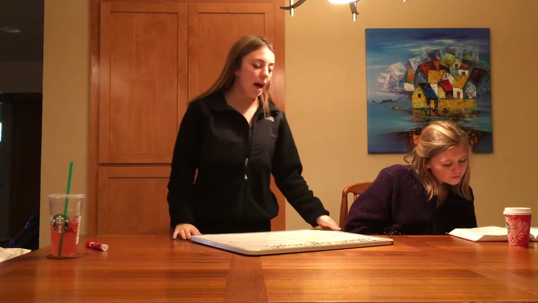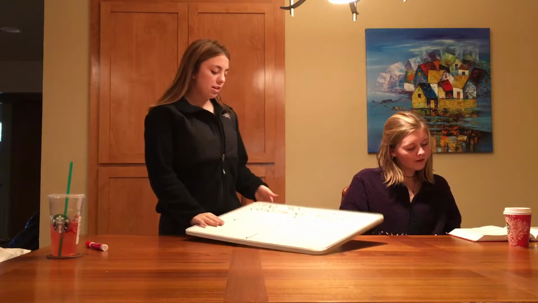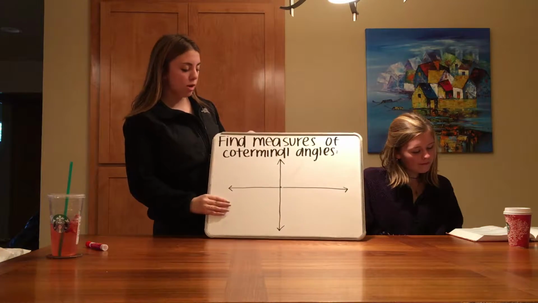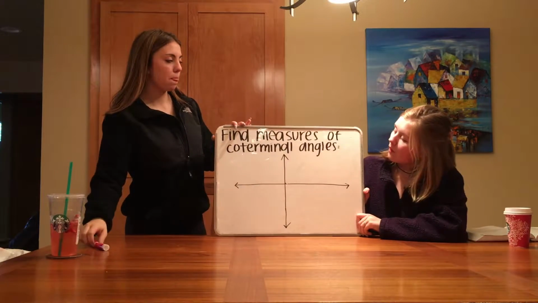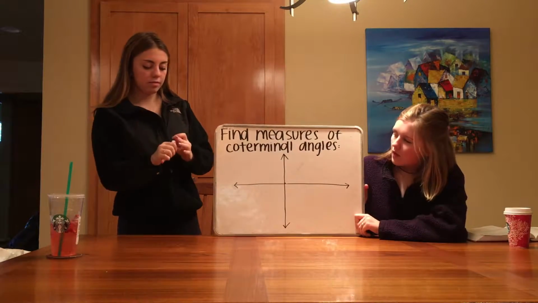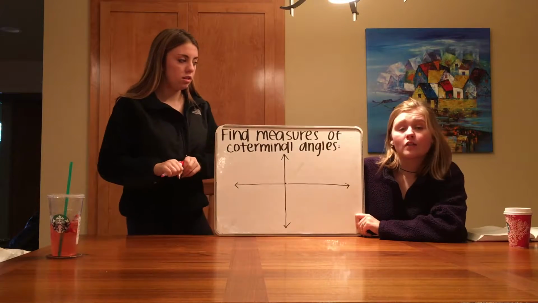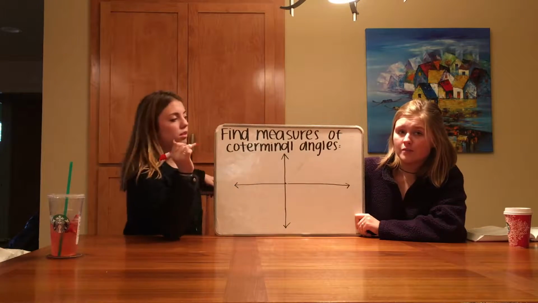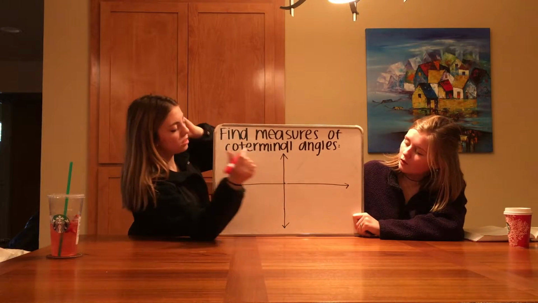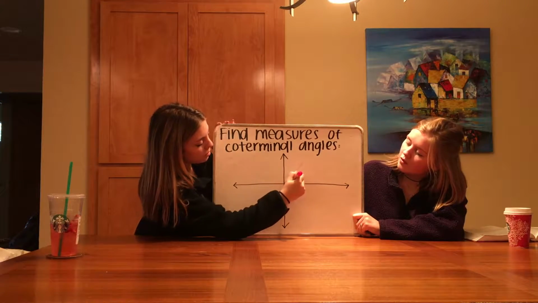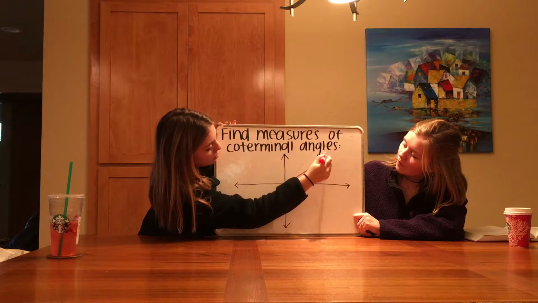Okay, so we are back, and our next topic is finding measures of coterminal angles. To start out with coterminal angles, you're going to need to know two terms: the terminal side of an angle as well as the initial side. So let's draw our angle right here.